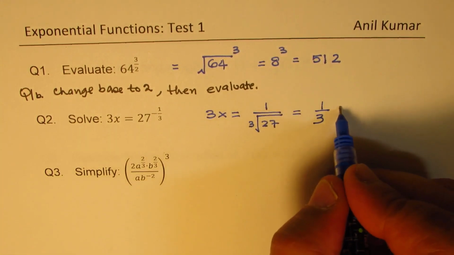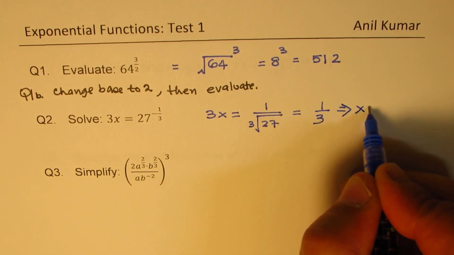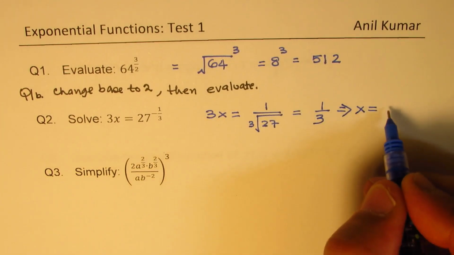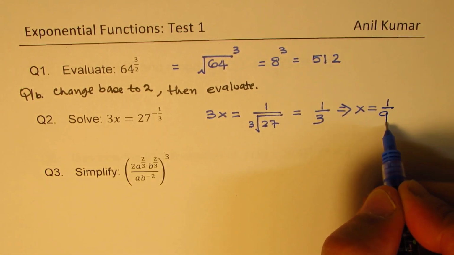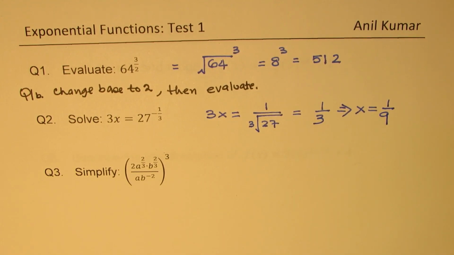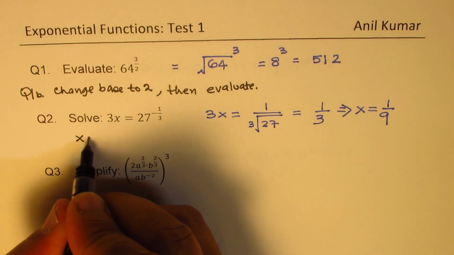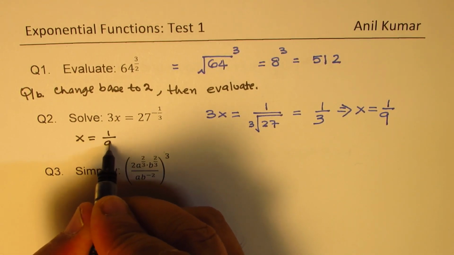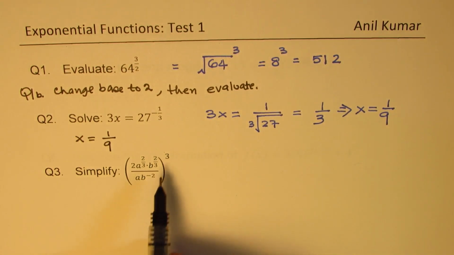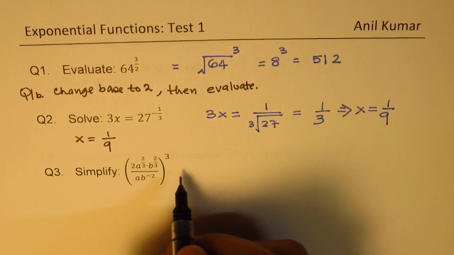So the value of x from here we can calculate as 3 to the power of negative 2, which is 1 over 9, correct? So that becomes the solution. Perfect. So for us the solution is x equals 1 over 9.